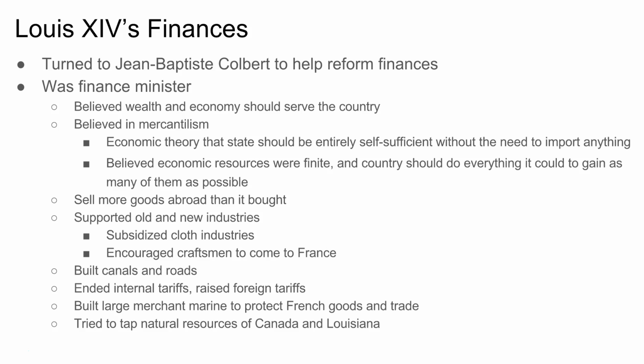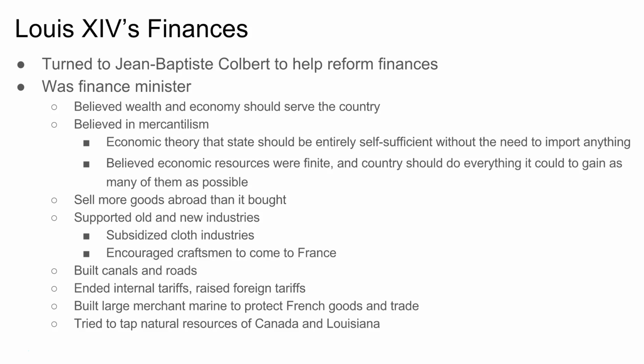Another component to that is that the government should do everything it can to create an economy in their country that's entirely self-sustaining. So in France, Colbert's goal was to create a French economy that relied on zero imports. That is, everything that the French needed, they would be able to produce in their country or in their colonies.